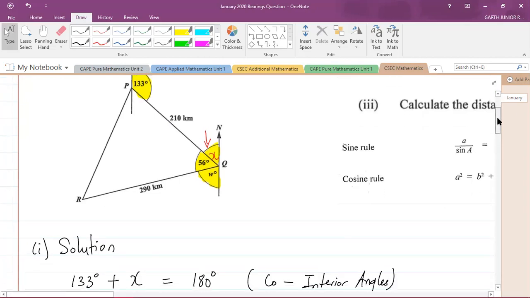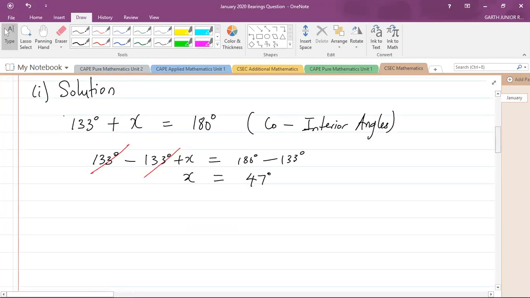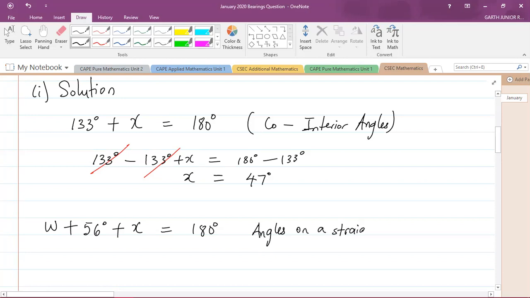So W plus 56 degrees plus X must be equal to 180 degrees, because angles on a straight line add up to 180 degrees.